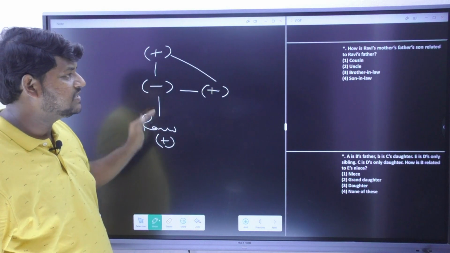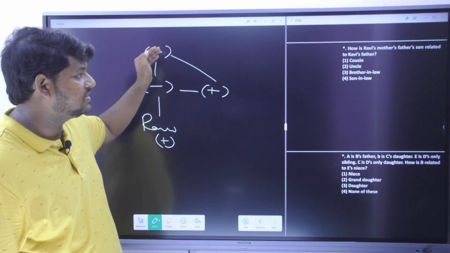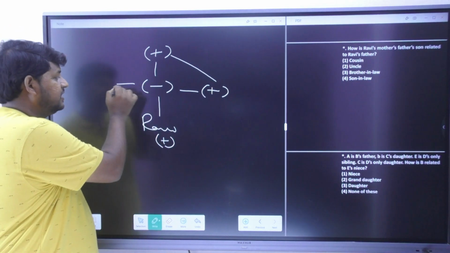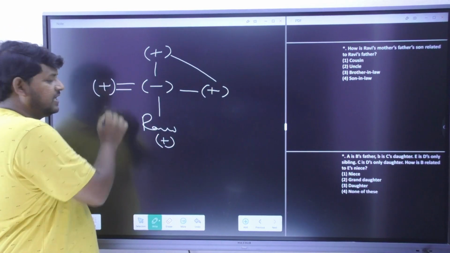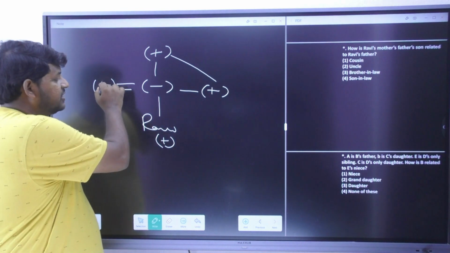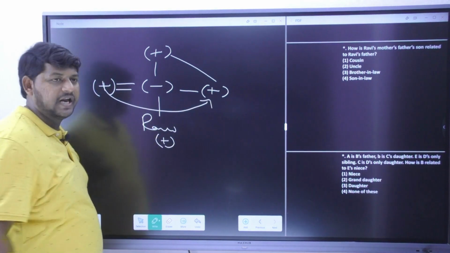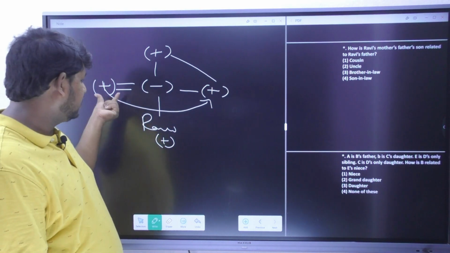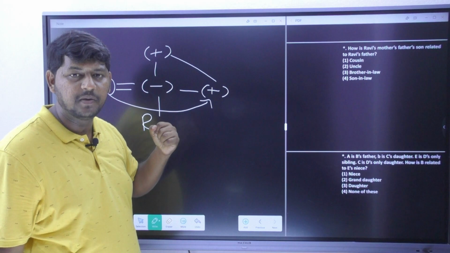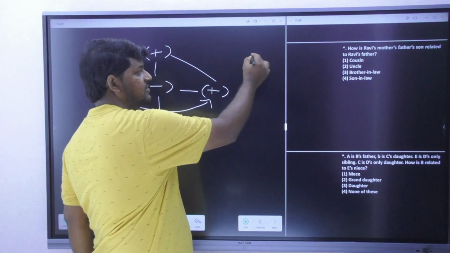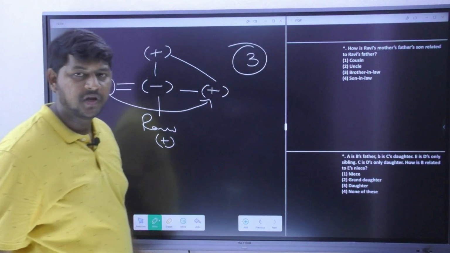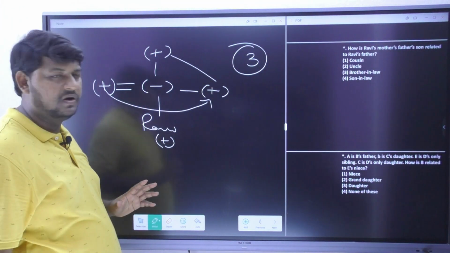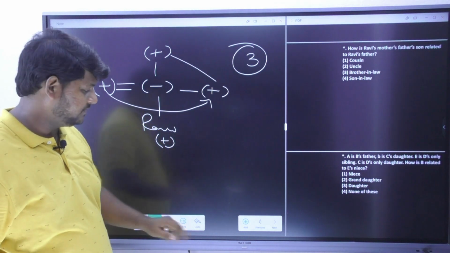Now Ravi's father is going to call Ravi's uncle as what? Obviously brother-in-law. Your spouse's brother becomes what? Brother-in-law. That is option number 3. I hope I'm clear, right?